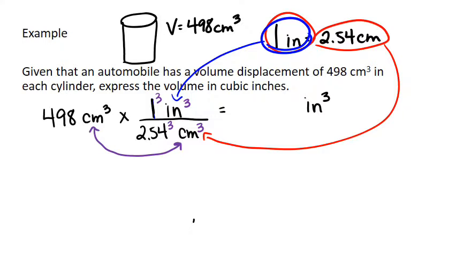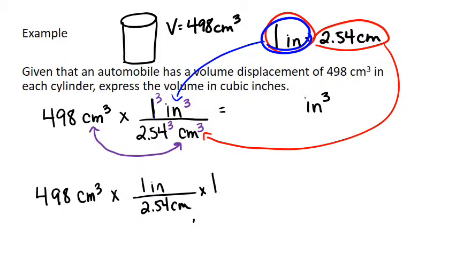In other words, what I'm really doing is this. 498 cubic centimeters. I'm saying that 1 inch is the same as 2.54 centimeters. And another inch is the same as 2.54 centimeters. And a third time, 1 inch is 2.54 centimeters.